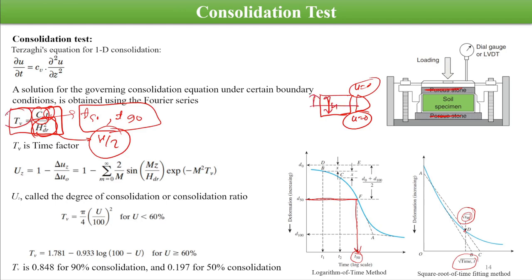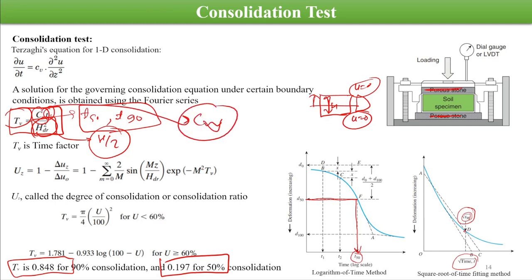The value of the TV is constant for 90% and 50%, and we usually remember it, which is 0.848 at 90% and 0.197 at 50%. So in this way, the only unknown is the CV, and we can calculate the CV from here. This way, these two methods are used.